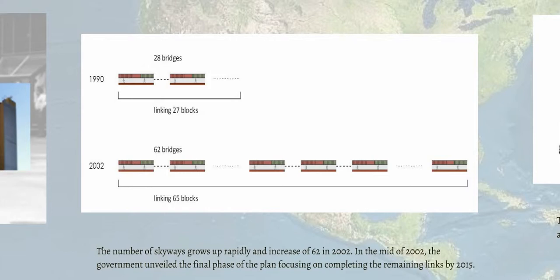The number of skyways grew rapidly, an increase of 62 in 2002. In the middle of 2002, the government unveiled the final phase of the plan, focusing on completing the remaining links by 2015.